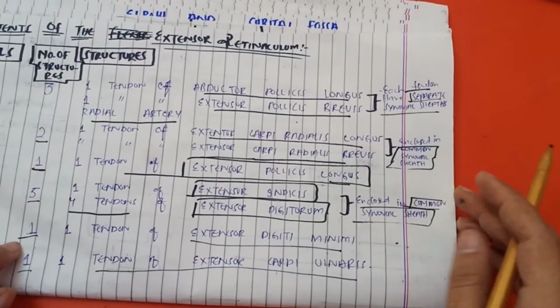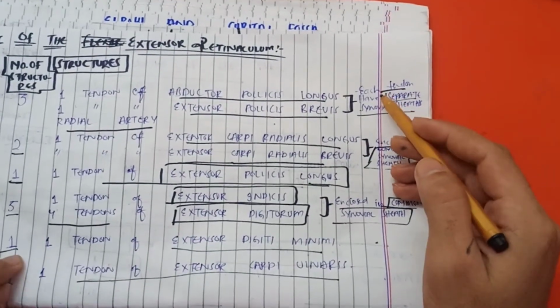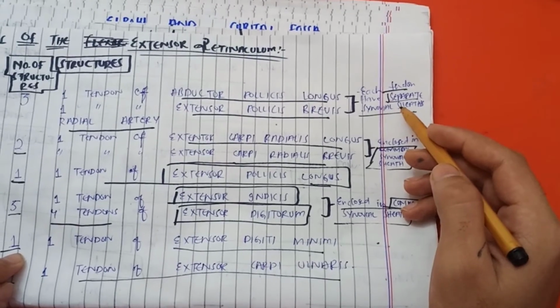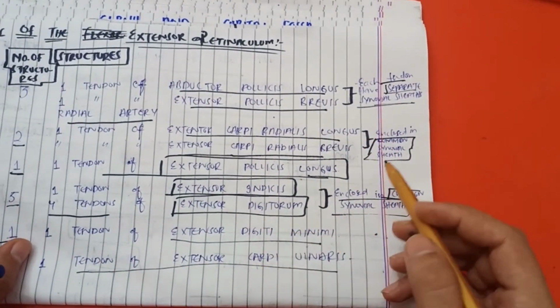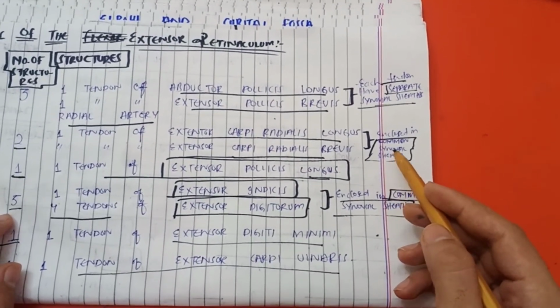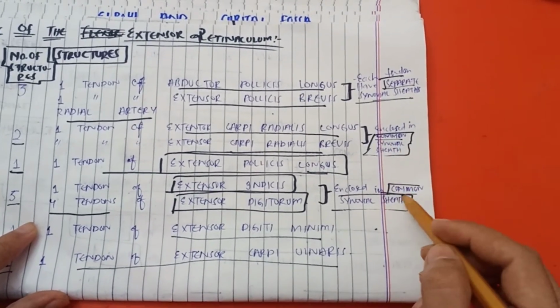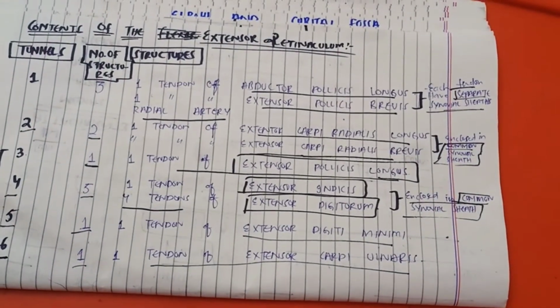But in tunnel number one we can see that there are two tendons, but each tendon is enclosed in a separate synovial sheath. In tunnel number two and tunnel number 4 there are multiple tendons present, but they are all enclosed in a common synovial sheath. So these are the important points to be remembered.